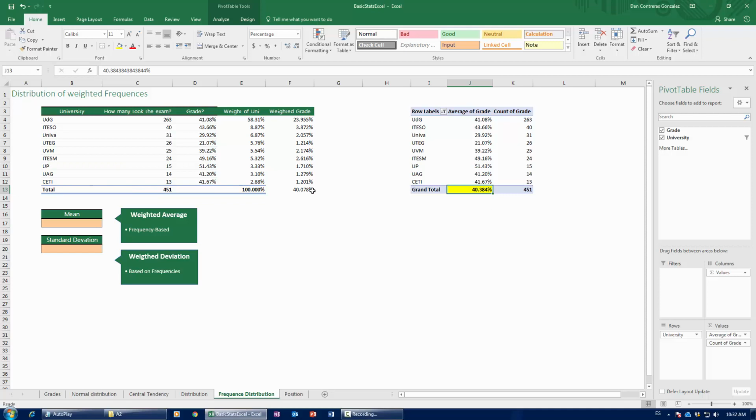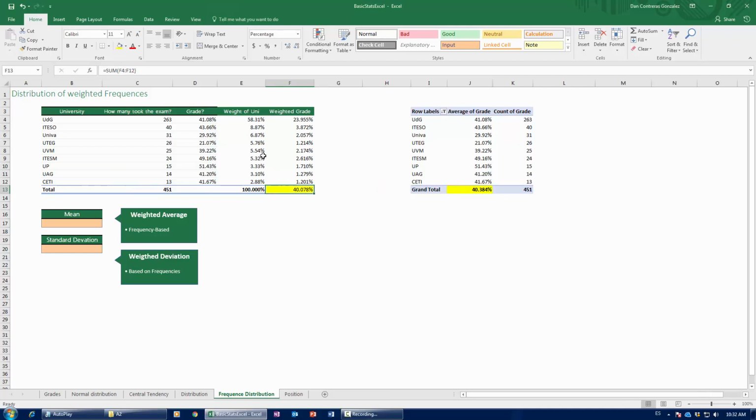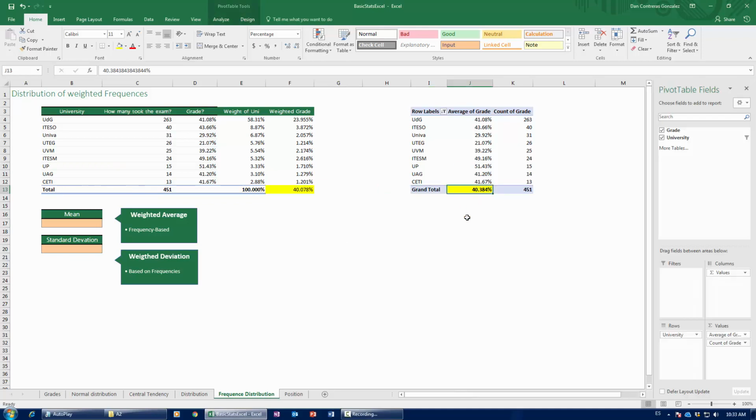But then again, we have a little question. Why is this number not equal to this number? If what we did by hand was supposed to be correct, then why are we not getting the actual average? I mean, who is correct, either by hand or by pivot table? Well, actually it's the pivot table.